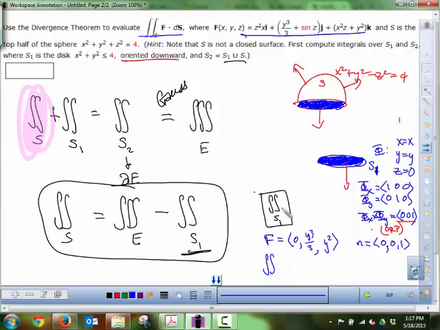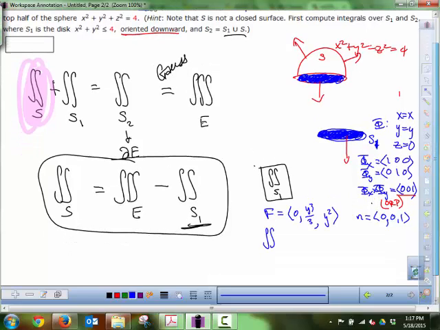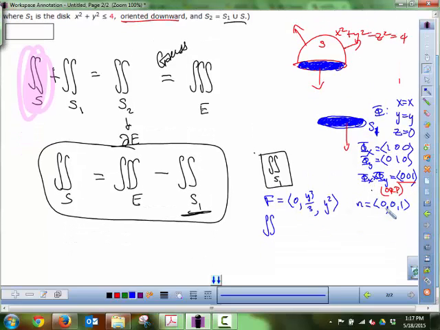So then your surface integral, your flux integral, is going to shrink down to a plain old double integral. When we take the dot product of these two things, you just have a y squared, and then a dA, dx dy, integrated over D, some domain. And the domain here is some circular domain.